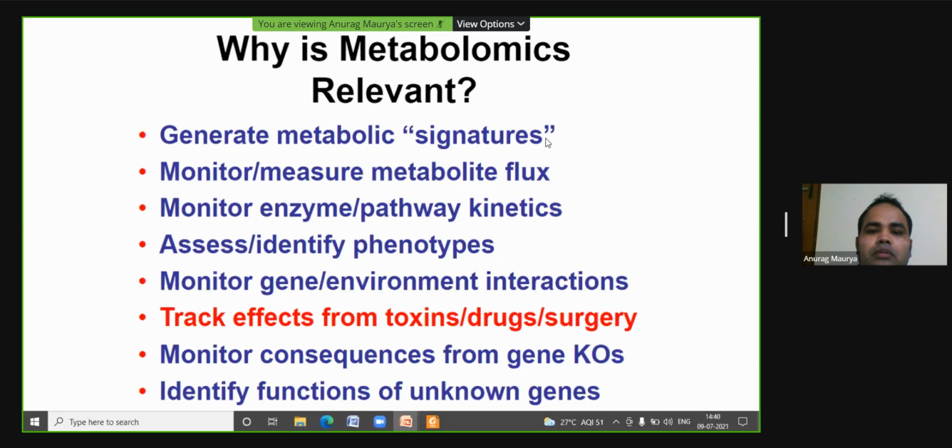So what is the difference between metabolomics and traditional clinical chemistry? As I mentioned, in traditional clinical chemistry we used to focus on one metabolite for diagnostic and other purposes. But here we are going to study many metabolites simultaneously for various purposes, clinical or non-clinical.